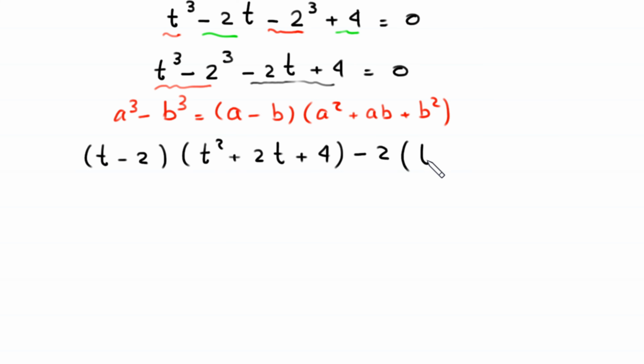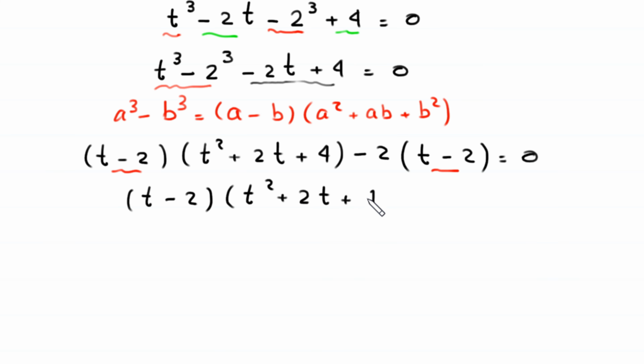In bracket left, t minus 2 is equal to 0. From here this t minus 2 is a common factor, so we factor out this t minus 2, and in bracket left, t² plus 2t plus 4 minus 2 is equal to 0.